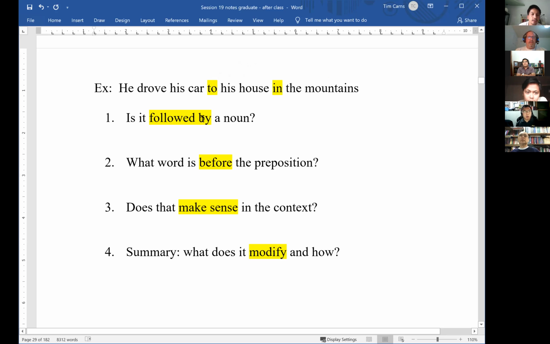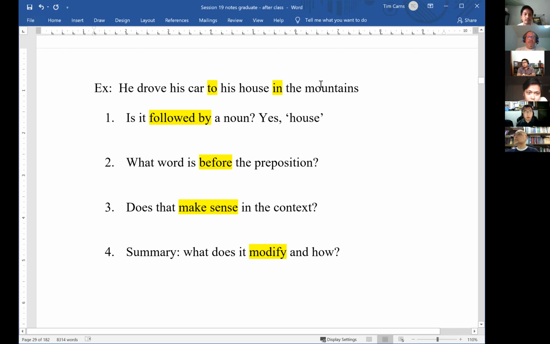Is it followed by a noun? Yes, his house. Okay. Now, how do we know the rest of this is not part of what follows to? Because of the preposition, it modifies another noun. Okay.